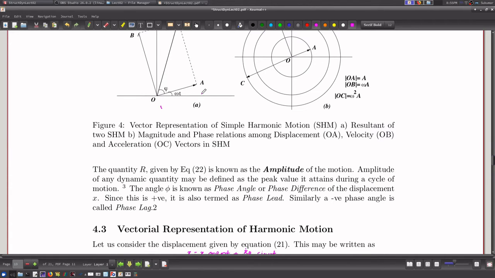Okay, this length, I'm sorry, let me try an arrow.